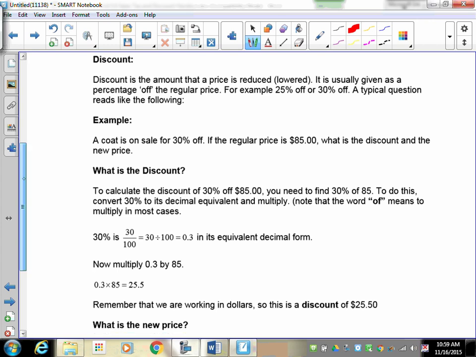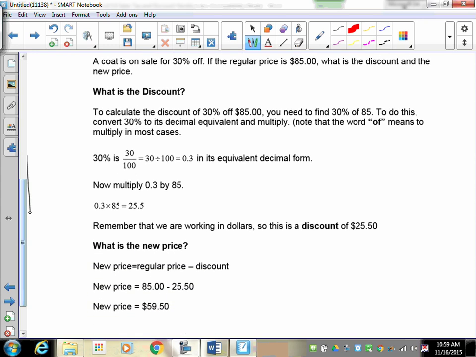Here we go. A coat is on sale for 30% off. If the regular price is $85, what's the discount? So I need to know how much I'm going to take off the $85 first. Since 30% is out of 100, 30 divided by 100 means it's 0.3. Now multiply 0.3 by the $85. That means that I'm going to save $25.50.